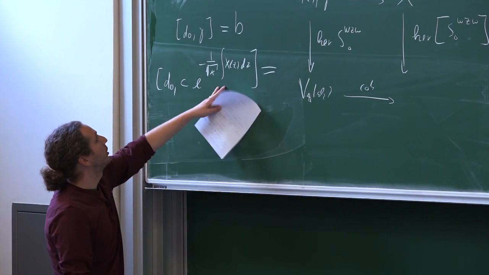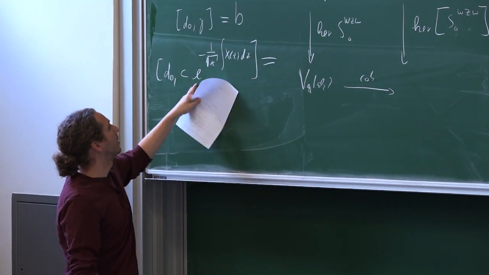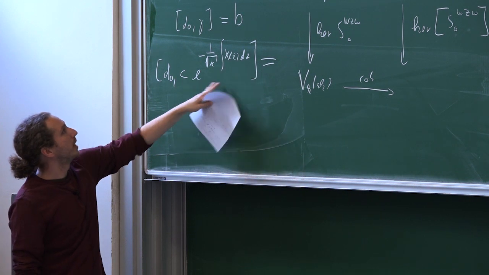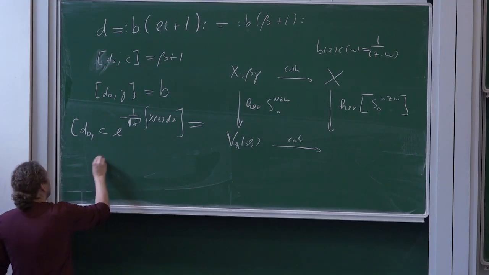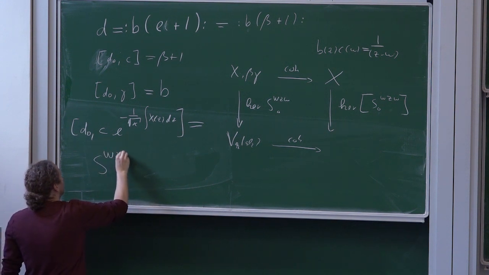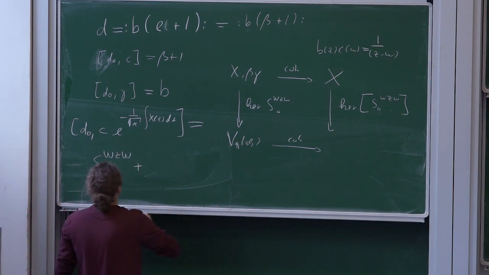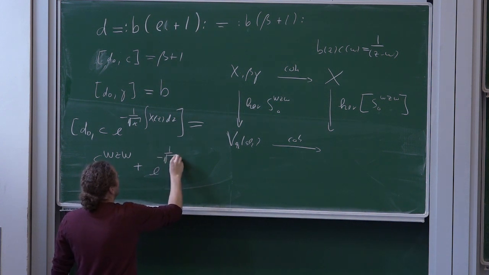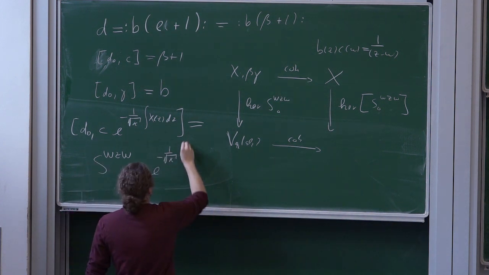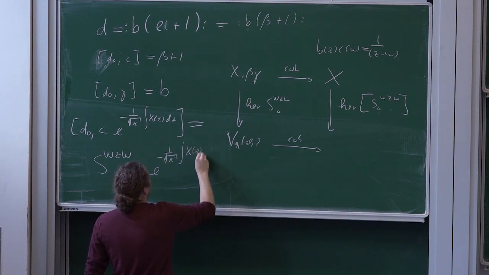I get this differential times beta, this exponential times beta plus 1 times this exponential. So I get the Wess-Zumino-Witten screening charge plus this exponential.